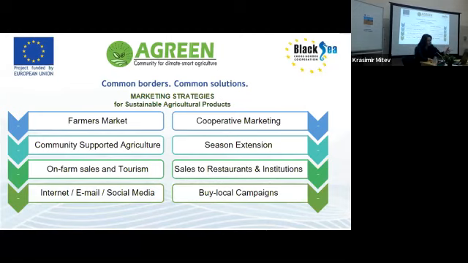And when the tomatoes are ready, they come and pick them up, or I give them the quantity, or they can come and select their own tomatoes, whichever they want to buy. So another strategy is on-farm sales and tourism.